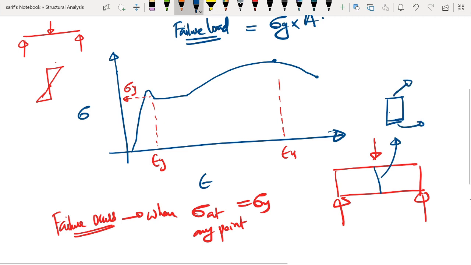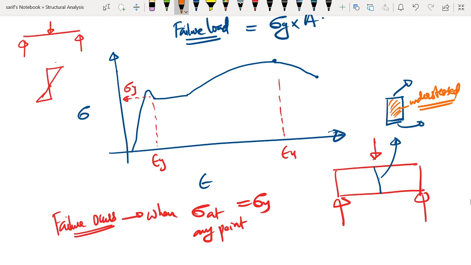The interior portions will be having a stress that will be much lower than this yield stress. That is, only the extreme fibers of any particular cross section are stressed to failure, whereas the interior points of the cross section are still under stressed. That means those portions are still capable of carrying more load.